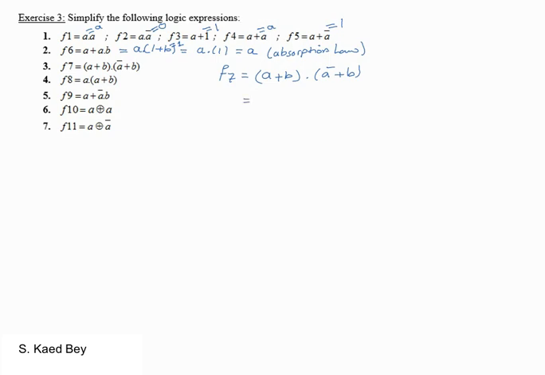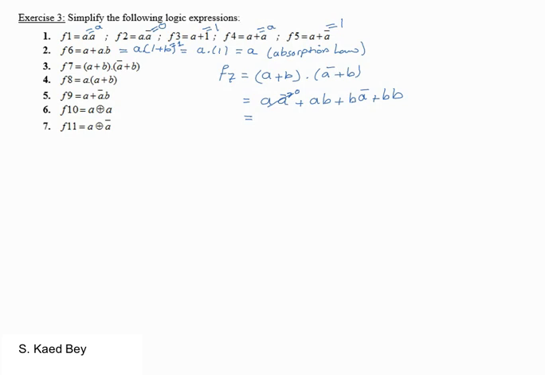This equals now to A ANDed with A bar is 0. We proved this before in the F2.